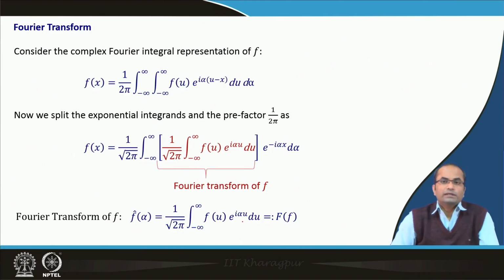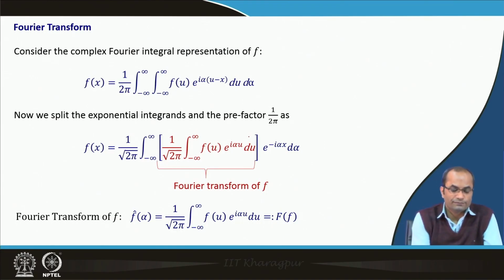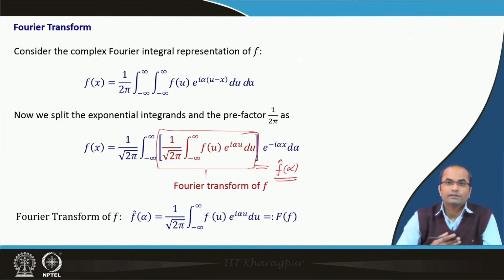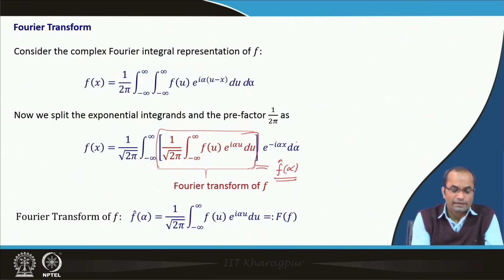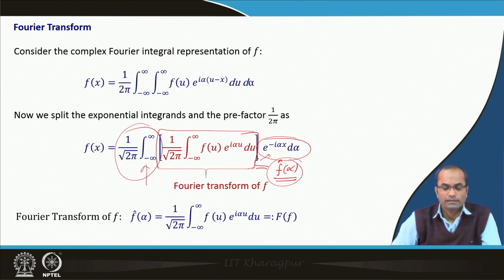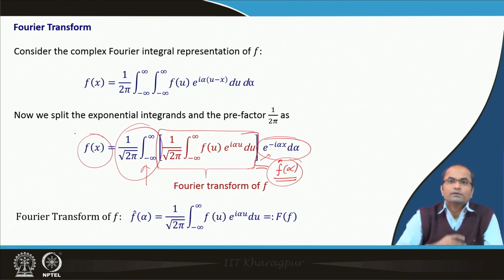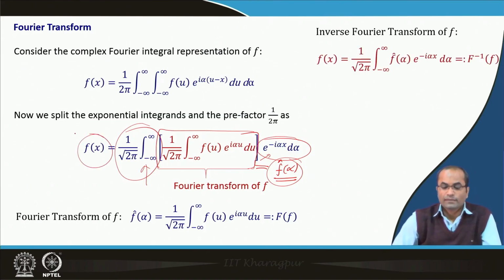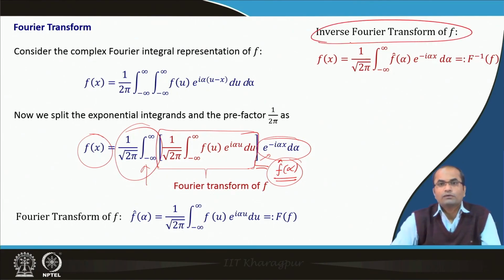Now, coming back to the inverse Fourier transform, because we have introduced this inner integral as the Fourier transform, a function of alpha, f hat of alpha. Given this Fourier transform, if we can perform the outer integral, 1 over square root 2 pi, minus infinity to plus infinity, f hat of alpha e power minus i alpha x d alpha, then we will get back the function, and that is what we call the inverse Fourier transform of f.